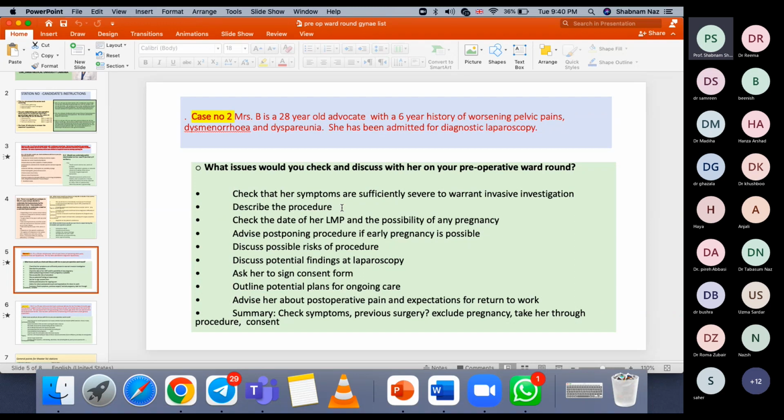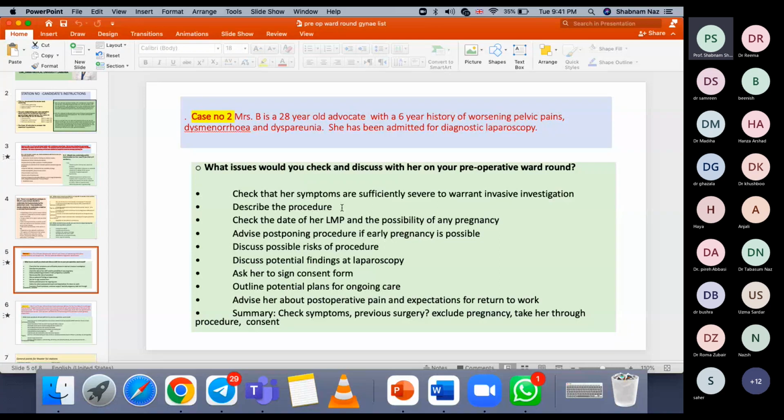If she says yes, then proceed. So describe the procedure, ask for patient information leaflet, check the consent form, check her last date of menstrual period, do her simple examination, her BMI, blood pressure, and check her pregnancy test. ठीक है, you have to counsel her if the pregnancy test is positive, the surgery might be postponed.